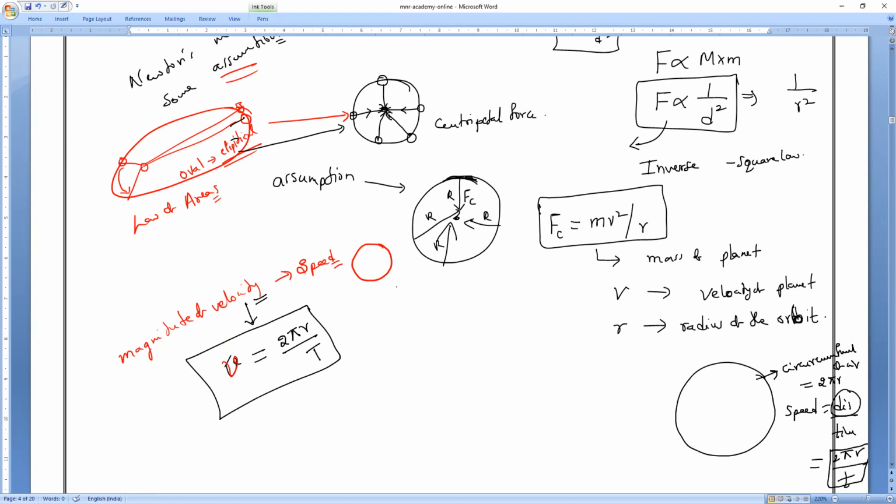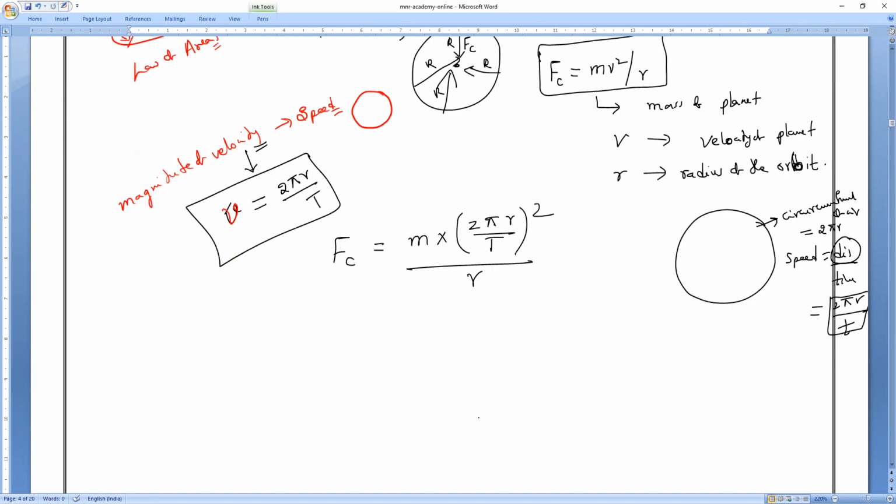Now I am substituting this v into the centripetal force formula. Centripetal force is equal to mass into velocity square by r, that is, m into (2 pi r divided by T) whole square divided by r.